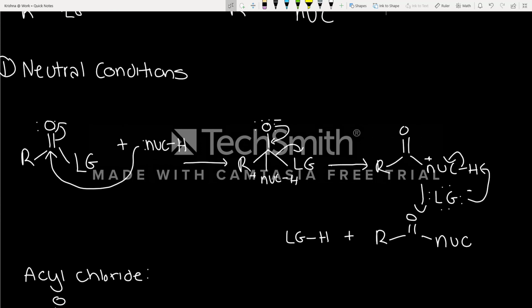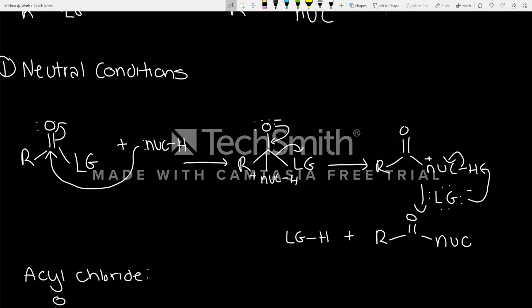reaction condition. So the neutral condition can only be seen with acyl chlorides and anhydrides. And this basically is when a protonated nucleophile comes and attacks the already existing carboxylic acid derivative.